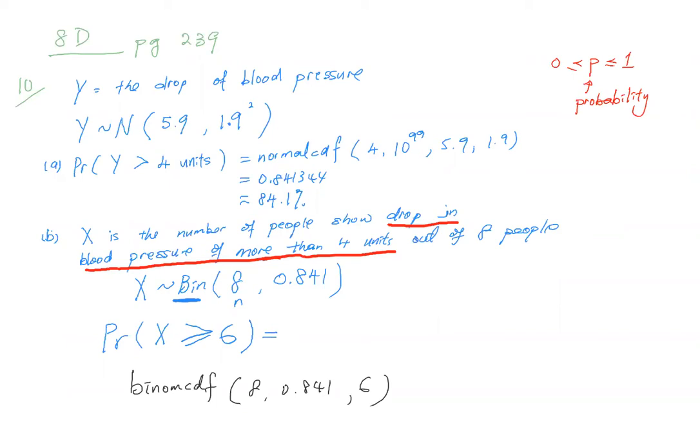Okay, Wan Xuan, tell me the meaning of this. The meaning of binom CDF 8, 0.841 and 6. Wan Xuan, please. You are the lucky one to be called.